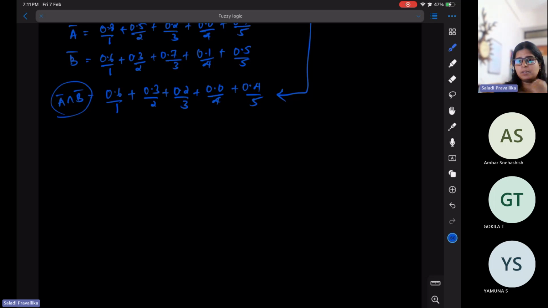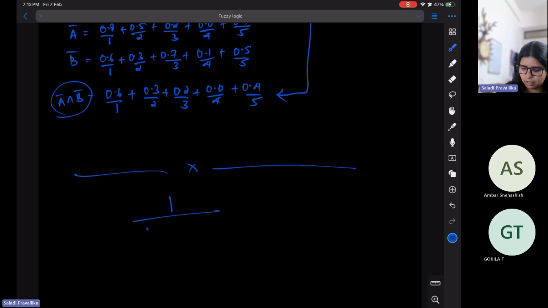And now I'll proceed with the question that was asked by Snehashish. So, why does the curve widen in the Bell membership function if the B parameter is decreased? Okay, just correct me if I'm wrong with this membership function.